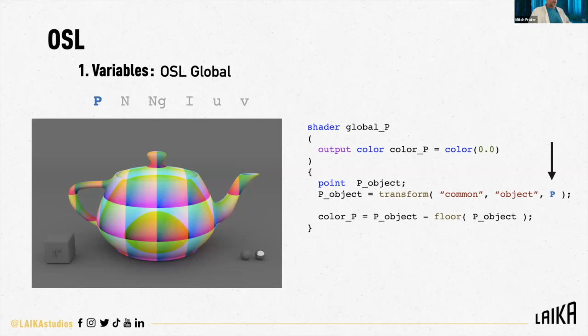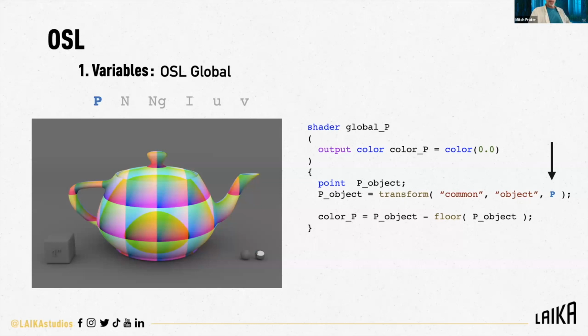P and the other capitalized global variables are initially in what's called common space, which is the coordinate system that the renderer is using. So in order to put them into a known space that you could use for shading, you have to use the OSL transform function. Here we're transforming it into the object space.